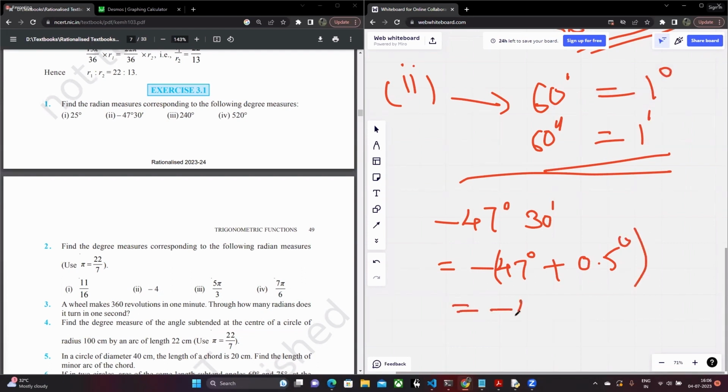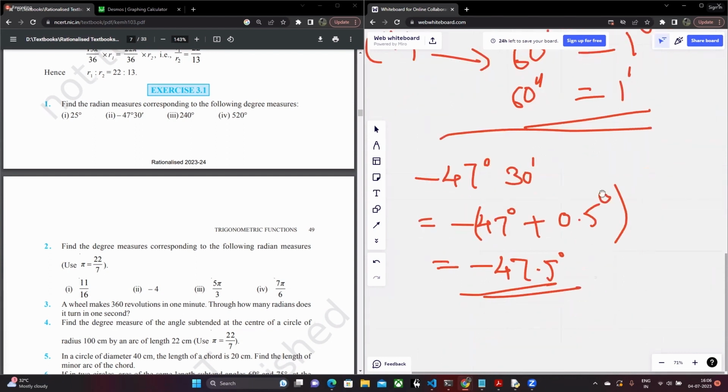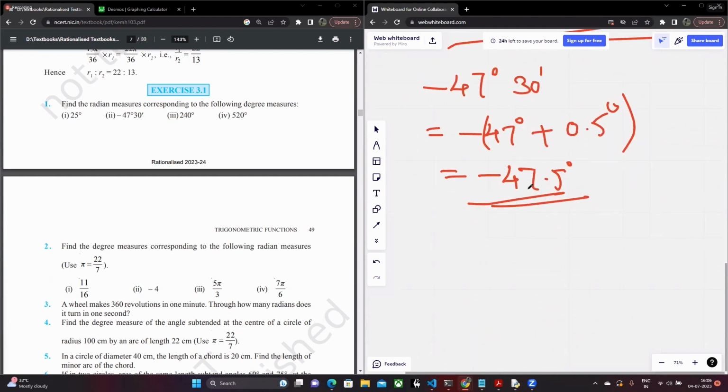So I can represent this as minus 47.5 degrees. There's no problem in actually writing it this way. But it's a convention that you do not mention decimals in degrees. You mention decimals only in seconds. So you convert it, and most texts usually convert it to minutes.